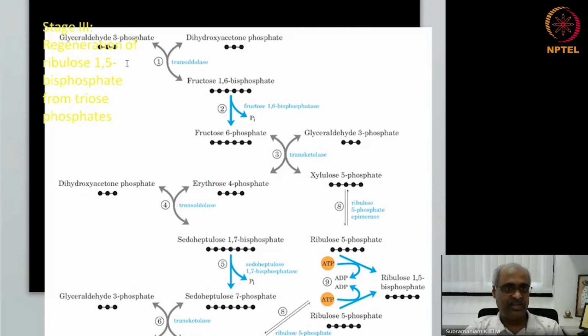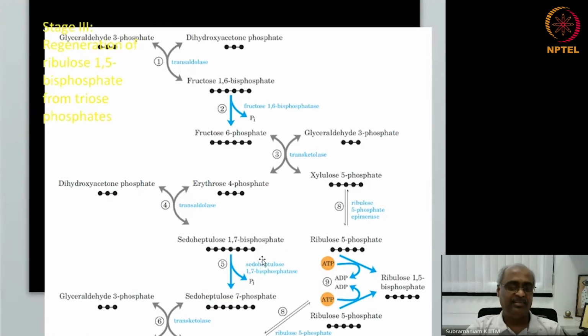Transaldolase. Here the aldehyde group is transferred, converting this into ketose. And then the second step is removing the phosphate. Third step is again the transfer of the carbons from a ketose to an aldose. And the fourth step is another dihydroxyacetone phosphate combining with this 4-carbon erythrose phosphate, an aldolase reaction, the same enzyme as that, making the 7-carbon unique molecule that you will not encounter outside chloroplast.